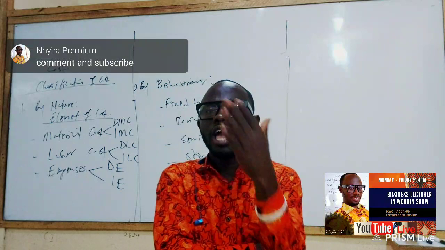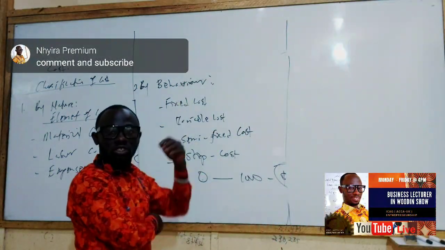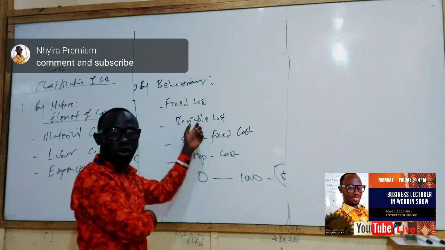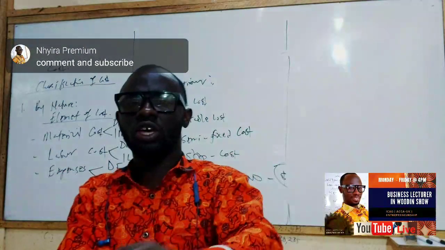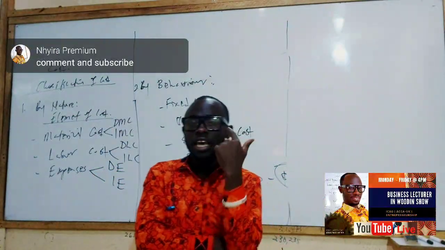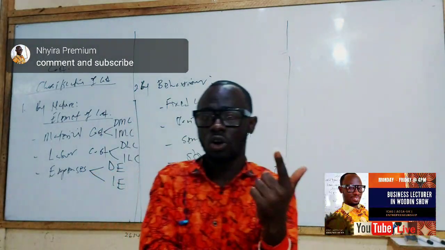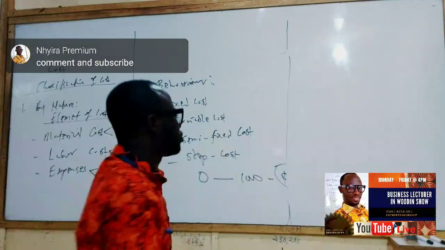So in the exam hall, instead of the examiner giving you what is fixed cost, variable cost, or step cost, the examiner will give you the total cost. So if the examiner gives us the total cost, what do we do?